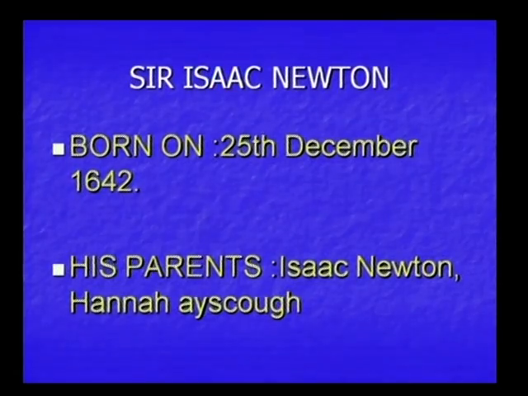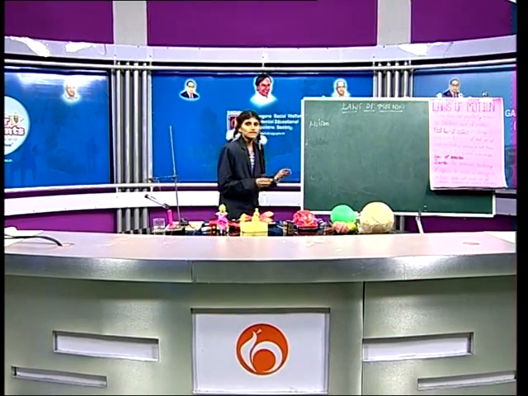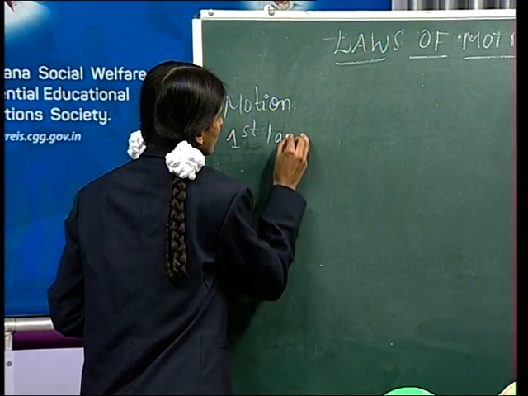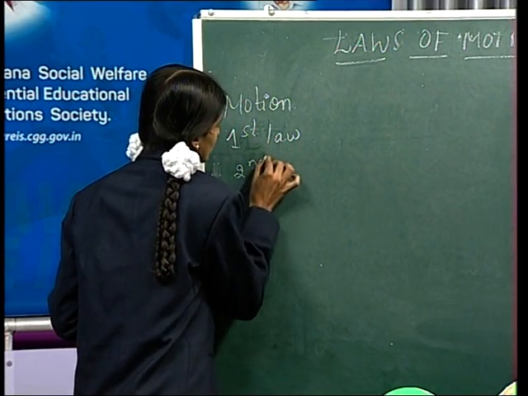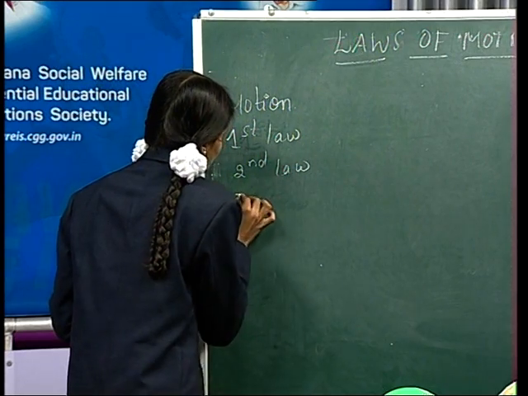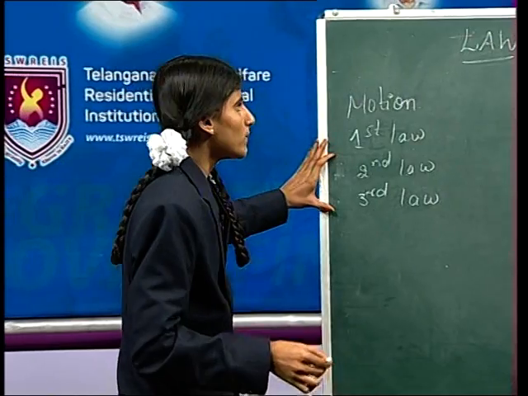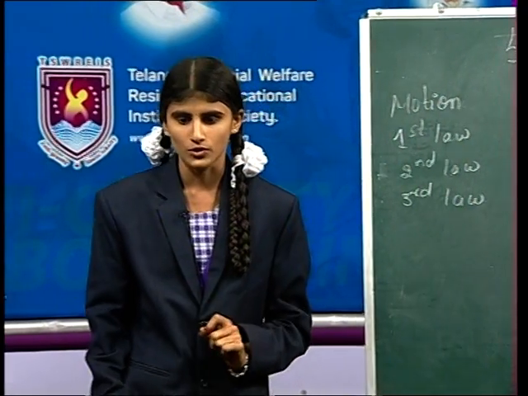And his parents are Isaac Newton and Hannah Ayscough. And friends, there are 3 types of laws: Newton's first law of motion, Newton's second law of motion, and Newton's third law of motion. These 3 laws are popularly known as Newton's laws of motion.